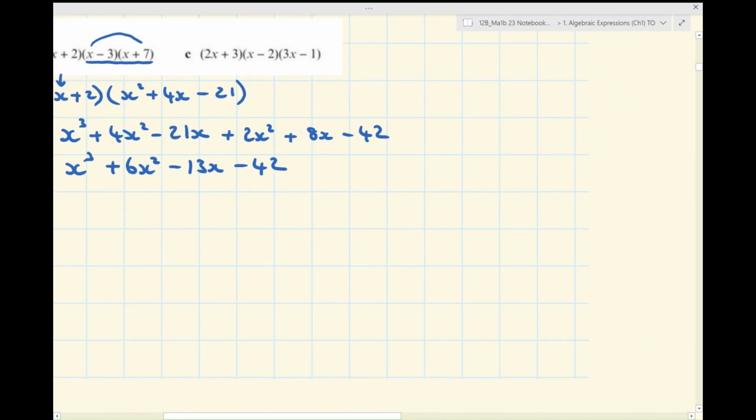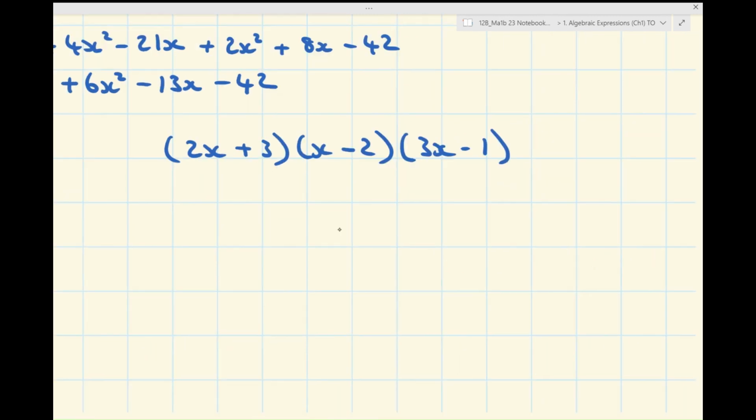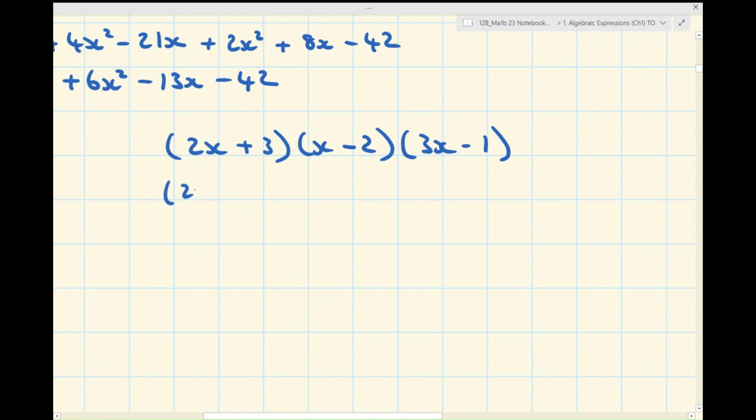Right, now let's look at question C. I've got 2x plus 3 multiplied by x plus 2 multiplied by 3x minus 1. So I'm going to copy down the 2x plus 3, and I'm going to multiply out those second 2 brackets. 3x squared. Now, minus an x and minus 6x's gives me minus 7x's and plus 2.